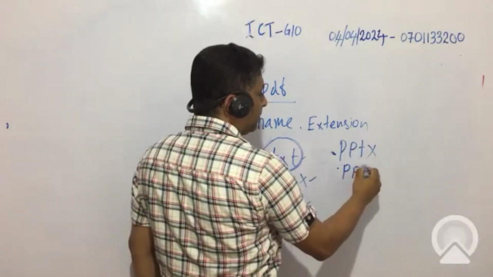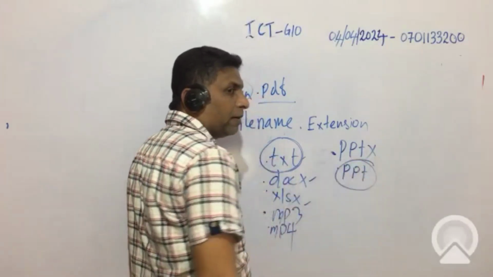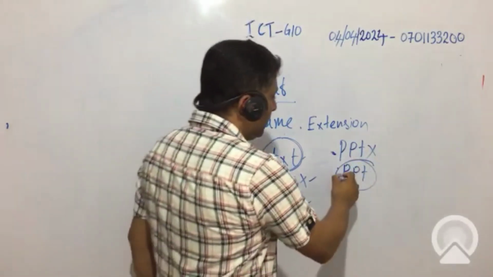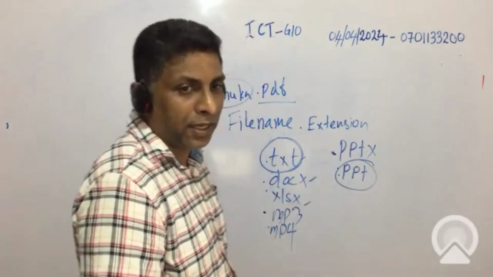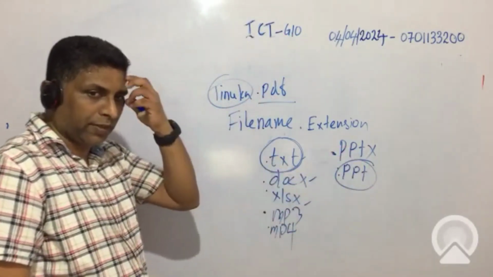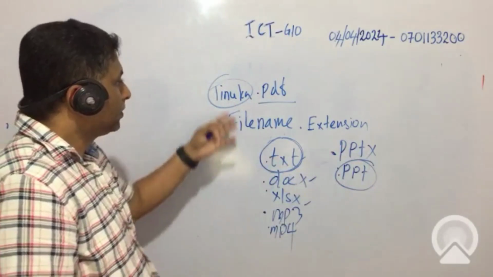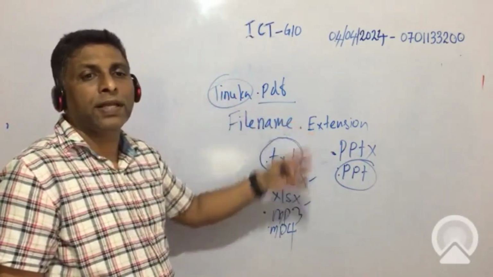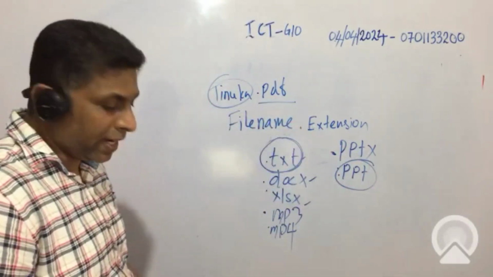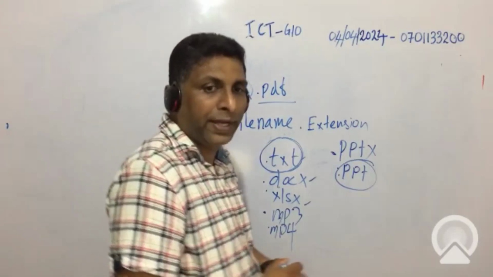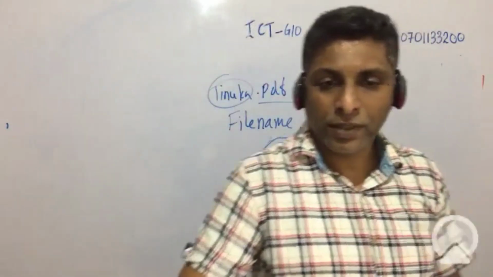This is legacy, a little bit older version. PPTX is the latest version of Microsoft PowerPoint. So likewise, the file name and the extension. You can save your data and information as files. That's what they're talking about here, right? So the screen.